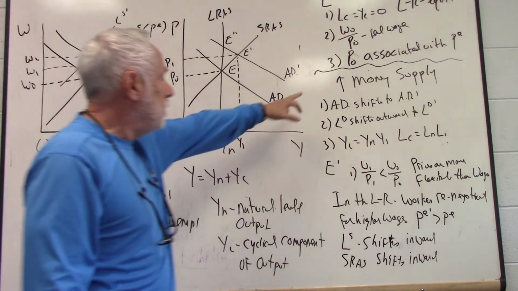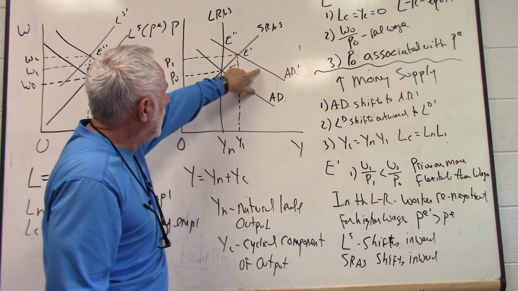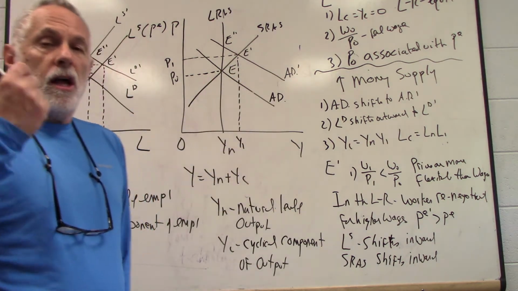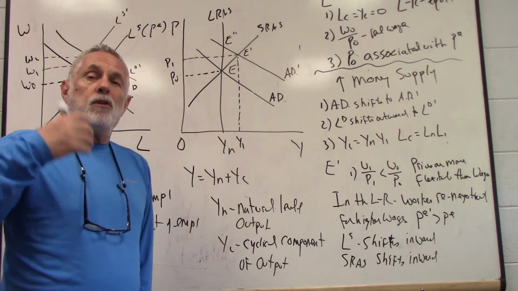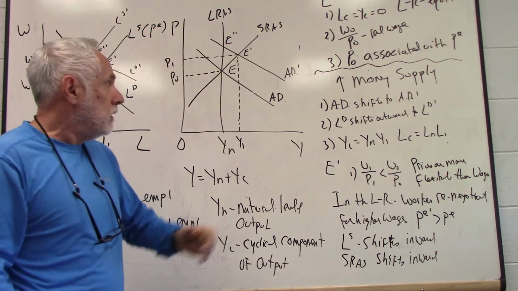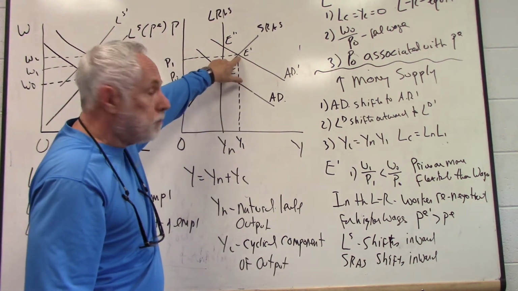So we increase the money supply, which causes the aggregate demand schedule to shift from AD to AD prime. And again, that represents the idea that with banks having a greater amount of reserves available, firms and households can borrow the money, and that borrowed money is then spent on goods and services. And that reflects this aggregate demand curve shifting upward, and we now go to E prime.